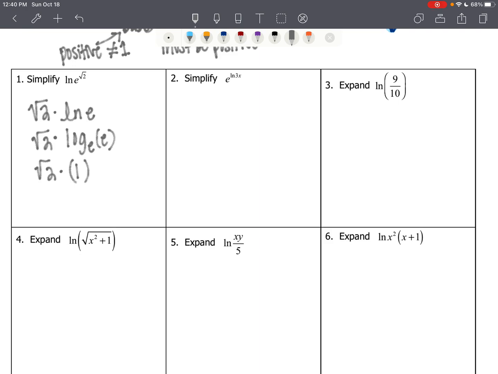The square root of 2 times 1 is the square root of 2. Now let's simplify e raised to the natural log of 3x. Well, that's equal to 3x, and that's using our property.